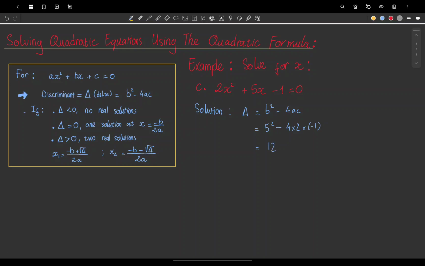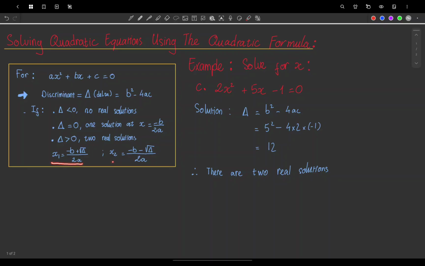Now, if the discriminant is equal to 12, it's larger than 0, therefore we can conclude that there are two real solutions. Once you've determined that we got two real solutions because the discriminant is larger than 0, you go back to this formula over here.